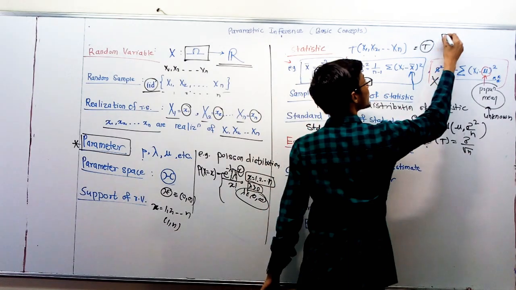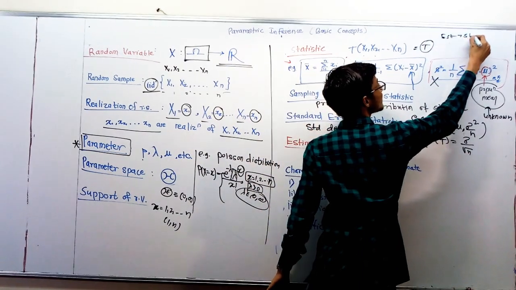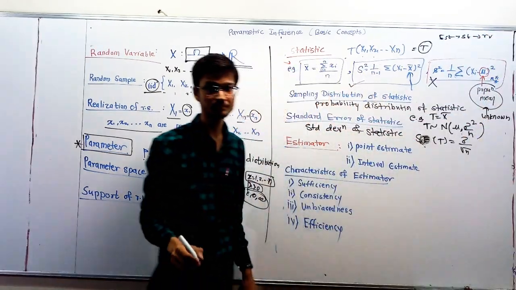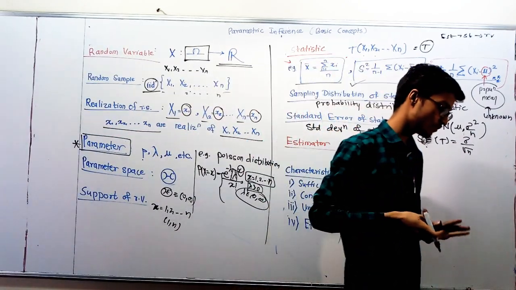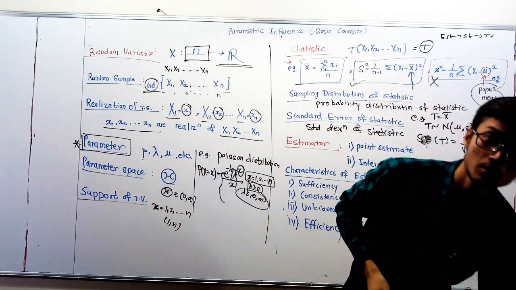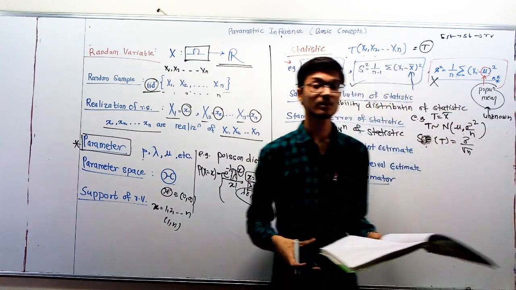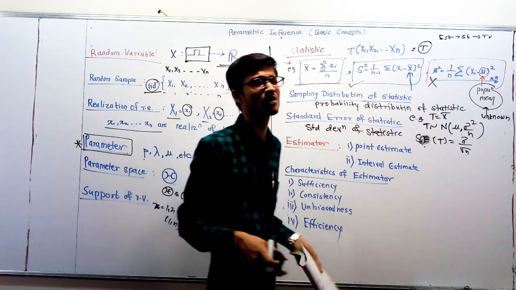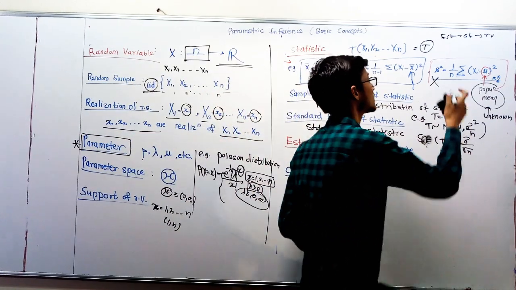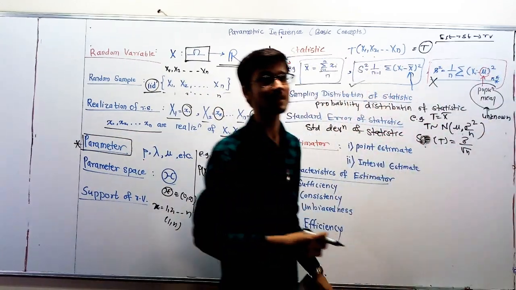Estimator implies statistic implies random variable. Note that. These are the basic concepts which are difficult. Many people have difficulty with that and have no conceptual knowledge about that.